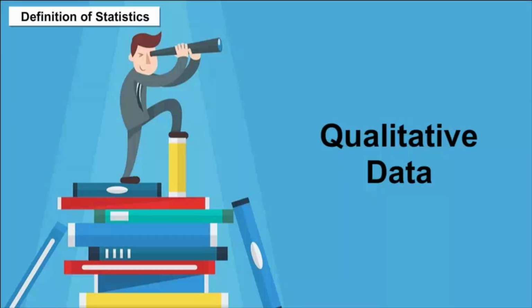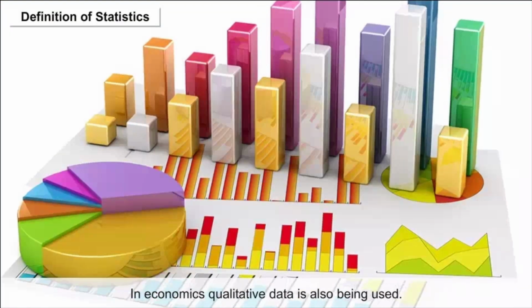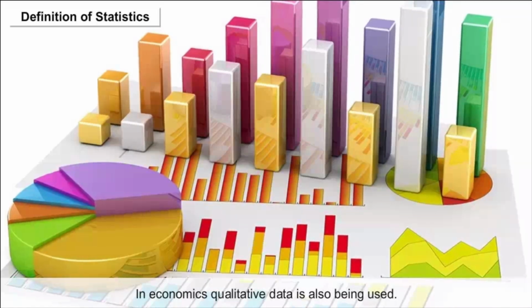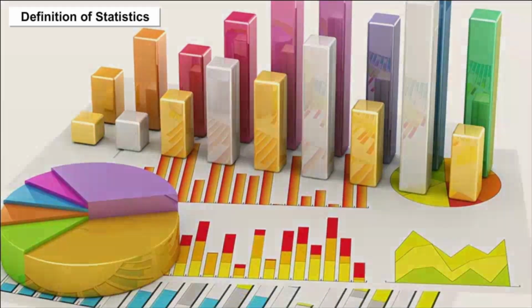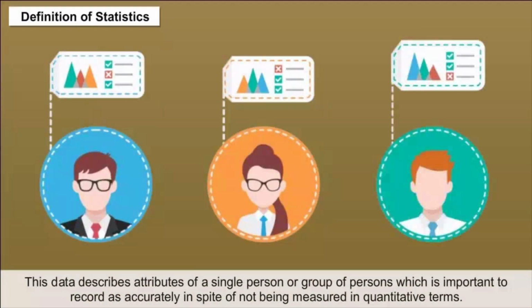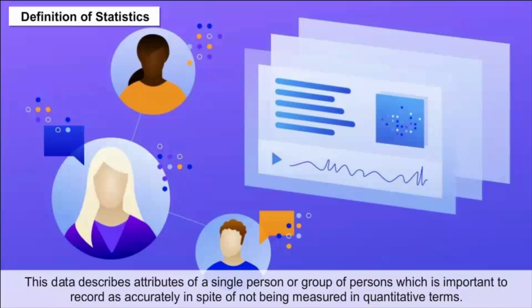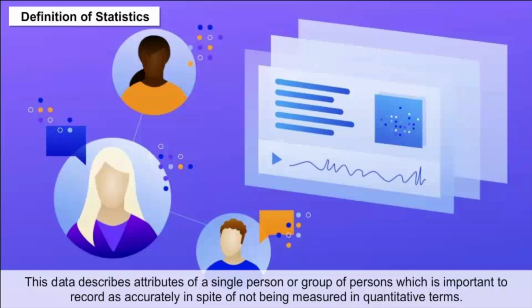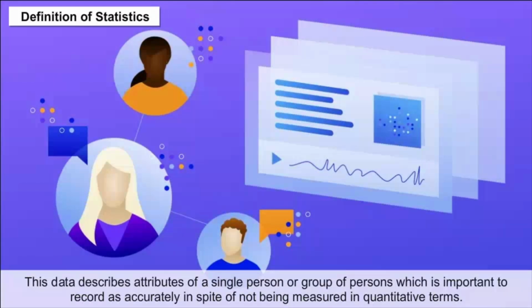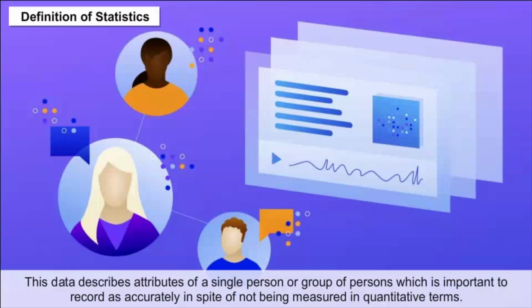Qualitative data. In economics, qualitative data is also being used. This data describes attributes of a single person or group of persons, which is important to record as accurately as possible in spite of not being measured in quantitative terms.